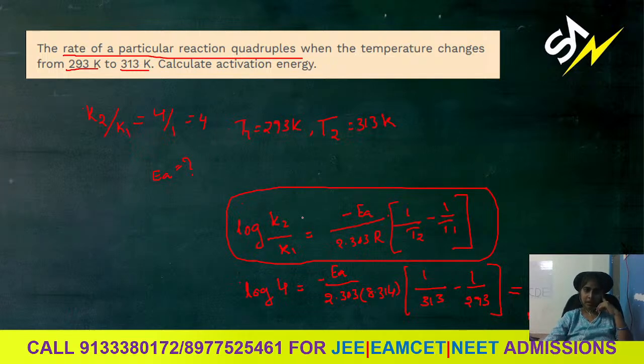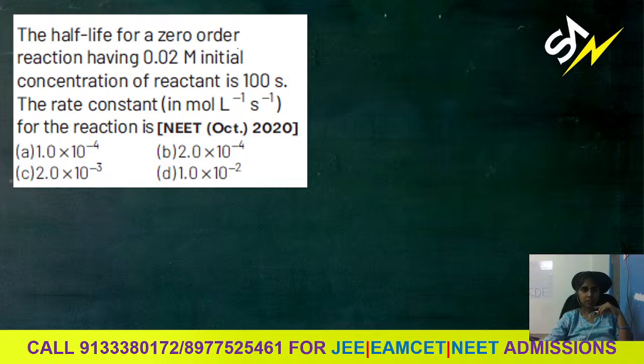If we apply all the terms here, we can easily calculate the activation energy. So this is the way we finally get 52.86 kilojoule per mole. Since EA is the activation energy, we are getting it in terms of kilojoule per mole. Let us go into the next question.